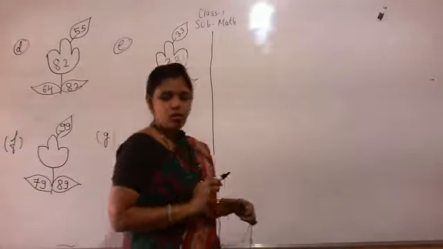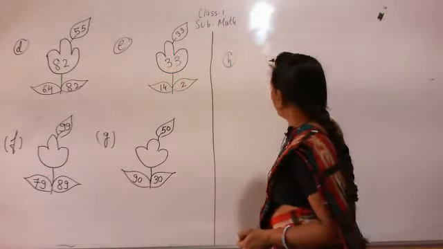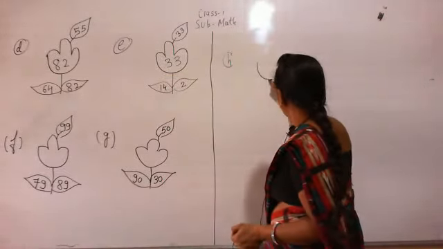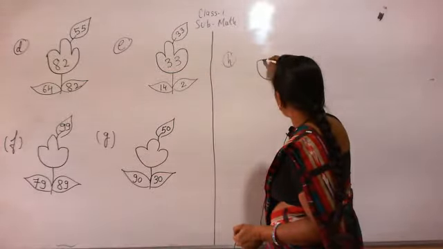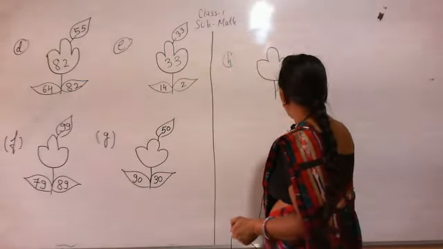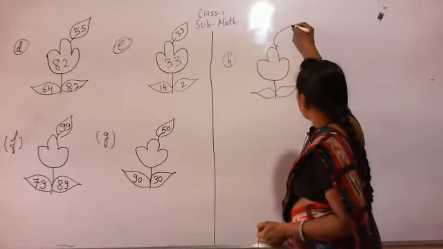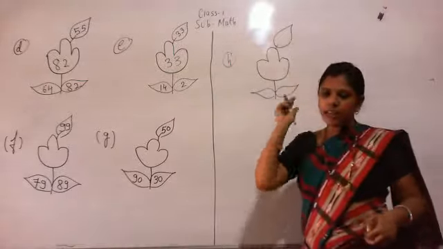And this H question also you do yourself. Okay, you have to solve now. These three questions. Try to solve these three questions. Then I will write the answer at last.